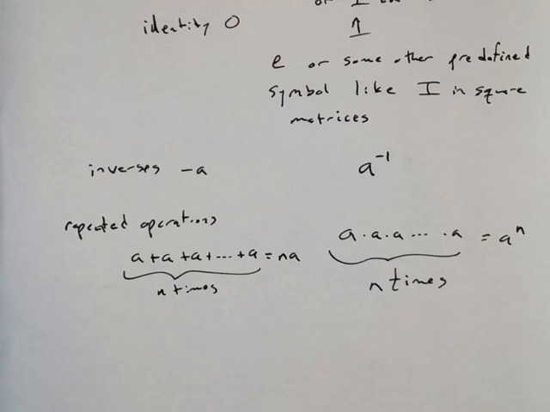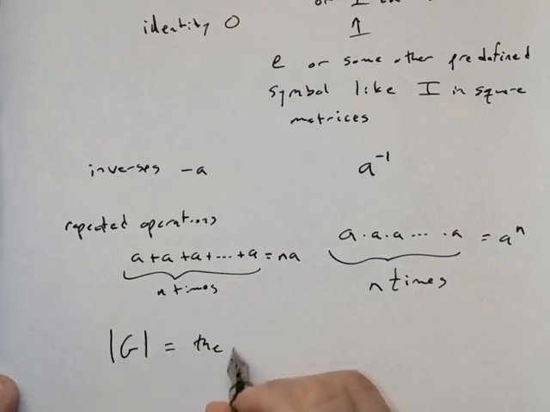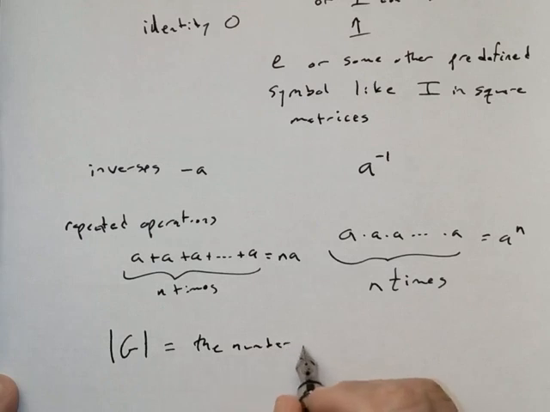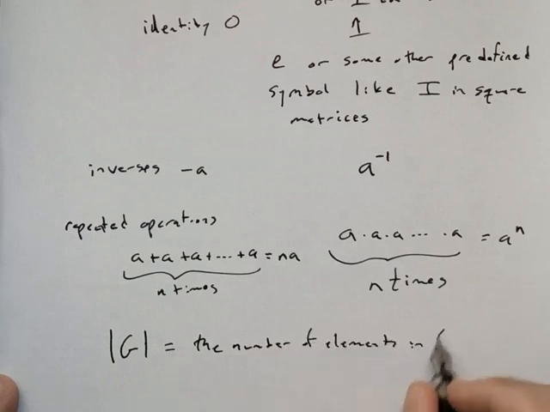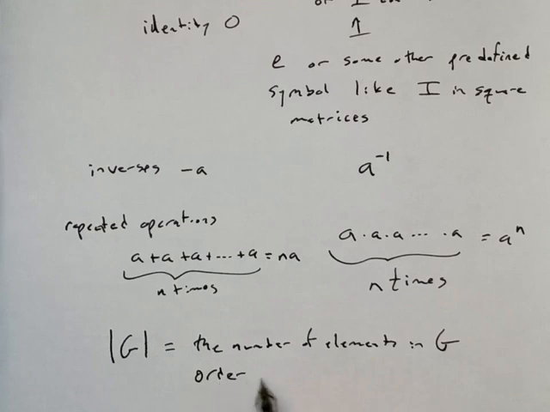I keep referring to the order of the group, how many elements are in it. Let me give you a symbol for that. And we'll call that the order of the group.